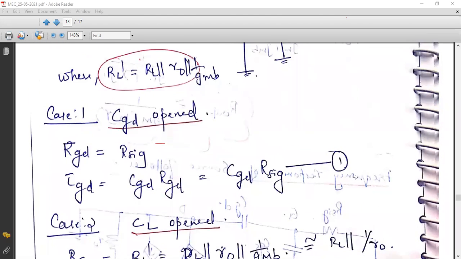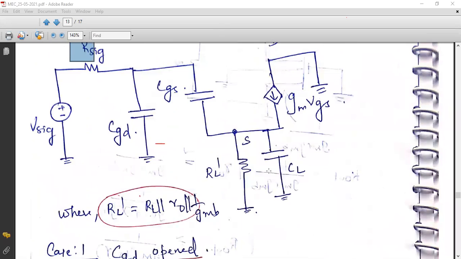Now coming to the second case, which is CL. I'll take the second capacitance, CL. CL is connected between source and ground. Now open this terminal and see through it. So what is the resistance that I'm getting across the terminal? It is RL dash.